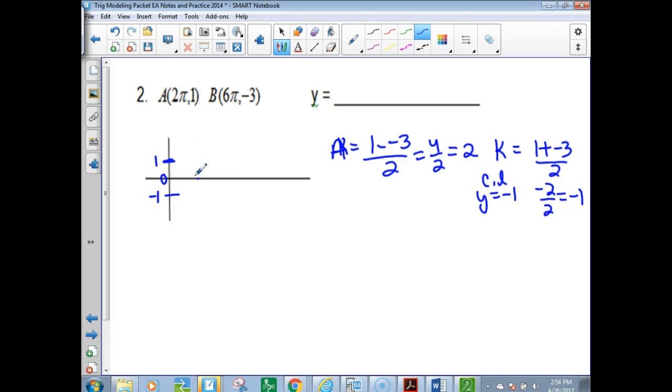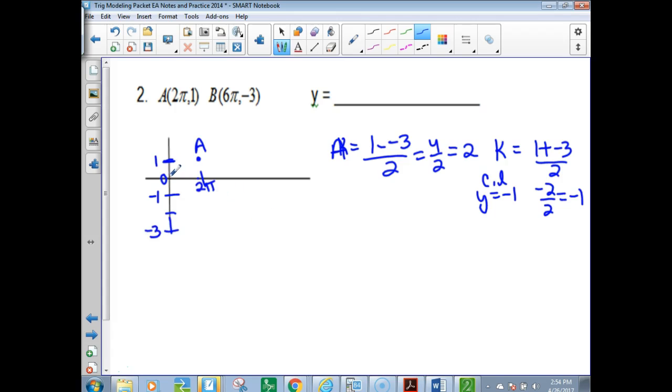And that occurred at 2 pi. So there's your point, 2 pi, 1. And then the curve has to go below your center line for the min, which is at negative 3 anyway. I might just extend this just to even it out.